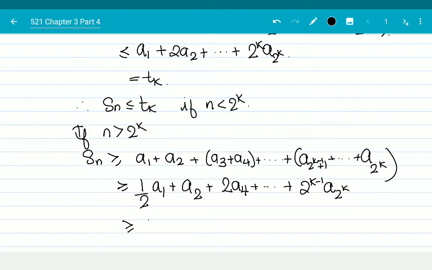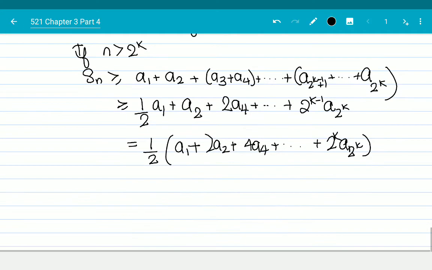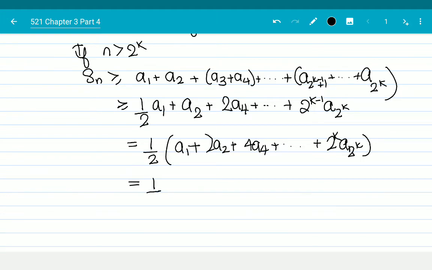Well, that is exactly equal to 1/2 of a1 plus 2a2 plus 4a4 plus dot dot dot plus 2 to the k a2 to the k, which is equal to 1/2 tk.